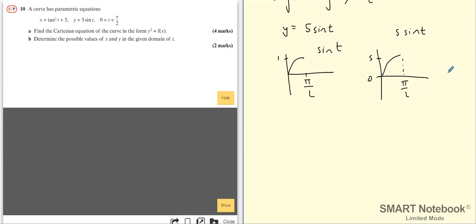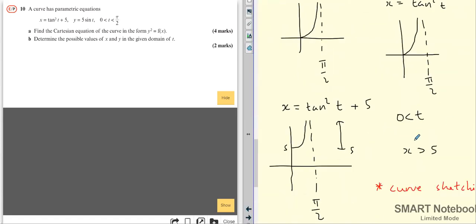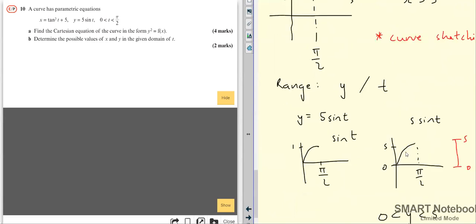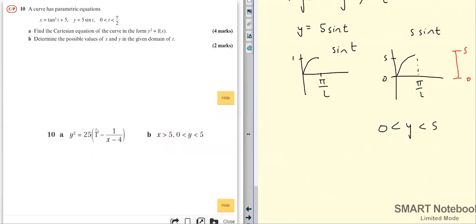My lowest height is 0, and my highest height is 5. But t is not allowed to be 0 or pi over 2, so we're going to say y is less than 5 and greater than 0, which would have been impossible to work out from the Cartesian curve. Try figuring out your y values from that. It's impossible.